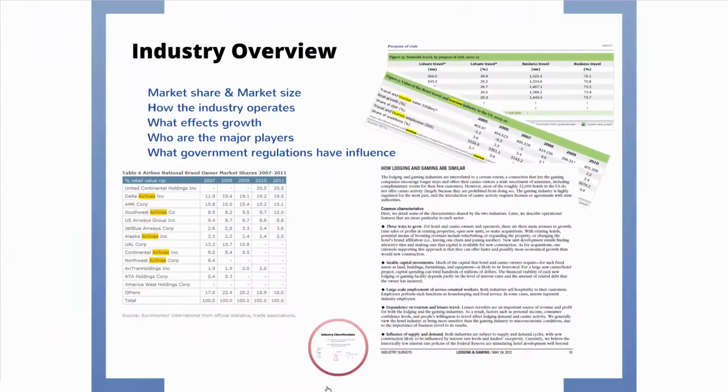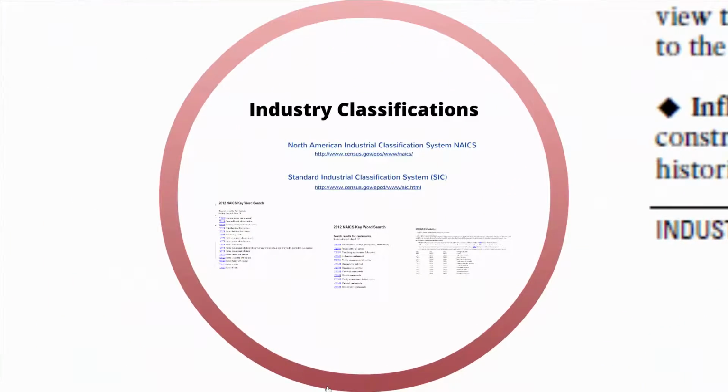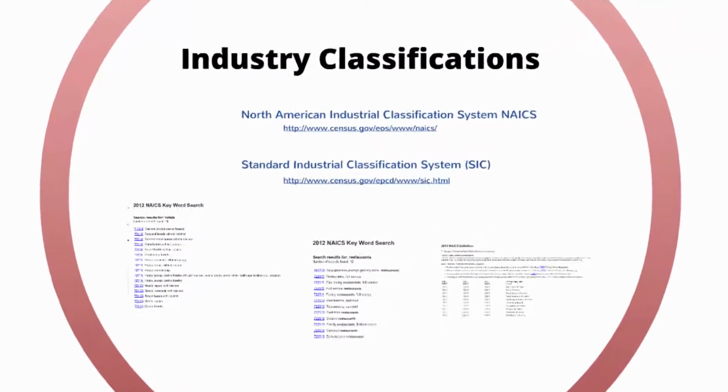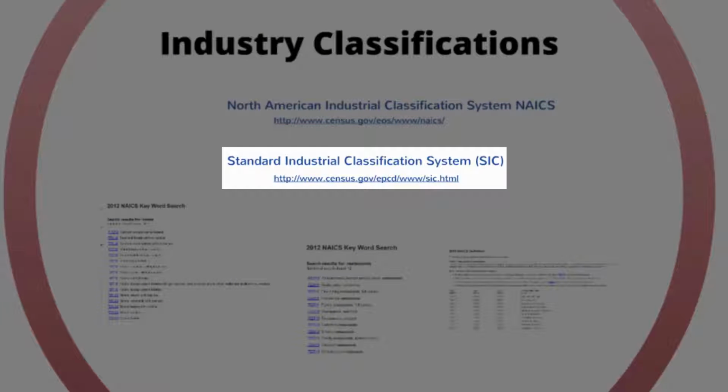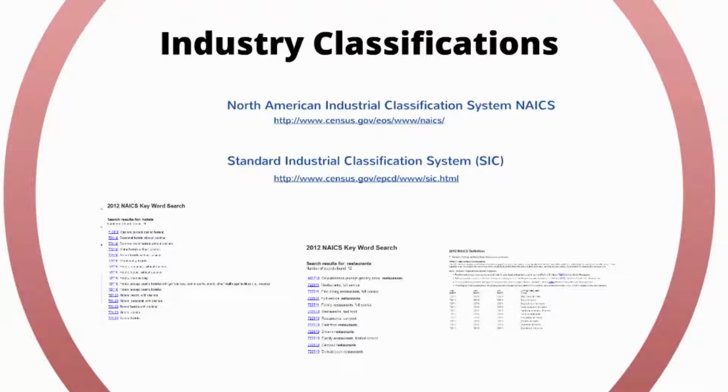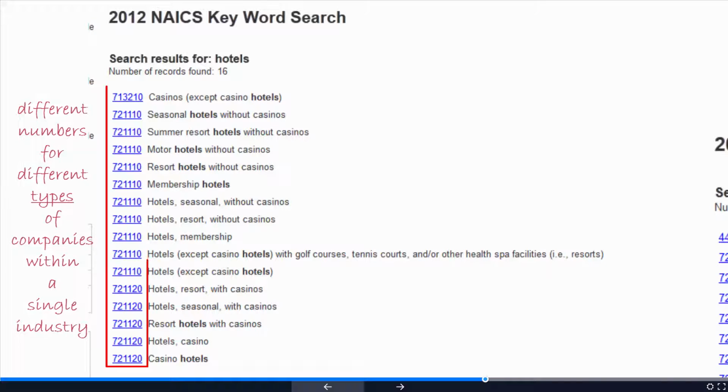Now we'll highlight just briefly that there are industry classification systems. There is the North American Industry Classification System and the Standard Industrial Classification system. Right now we're still sort of stuck between these two. The SIC system is older and is not being updated anymore. The NAICS system is newer and has better granularity, so that I can look at an industry like hotels and see that there are a couple of different classification numbers to cubbyhole types of companies.